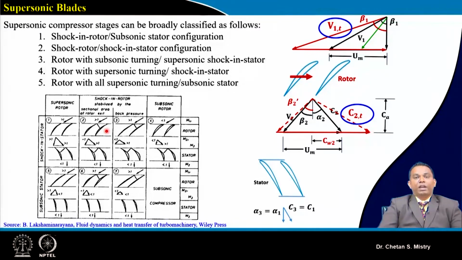And that's the reason why the interest in the development of supersonic compressors was reduced during that time. Again, as per the expectation, people are going towards the development of supersonic compressors or transonic compressors for the next future aero engines.